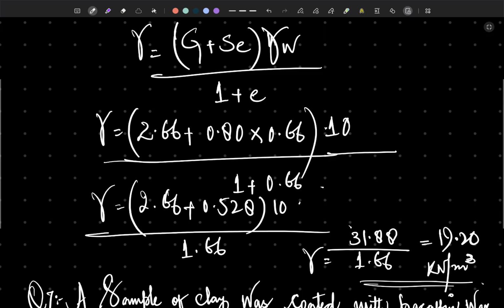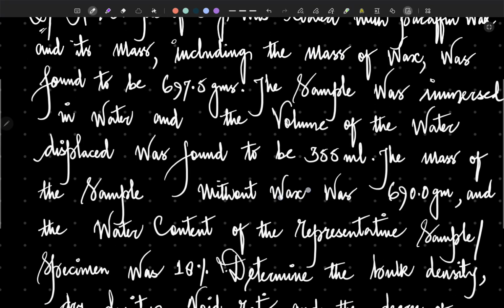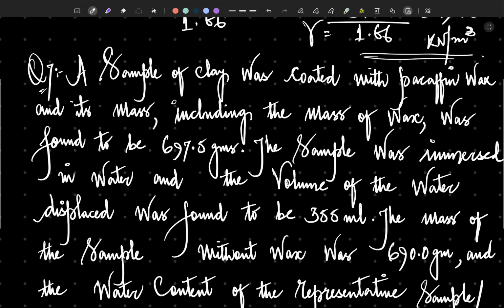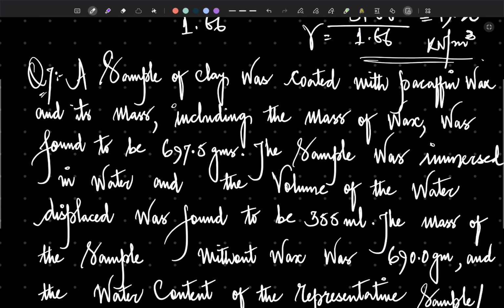All right, moving on to the next one. The question is: a sample of clay was coated with paraffin wax and its mass, including the mass of wax, was found to be 697.5 grams.